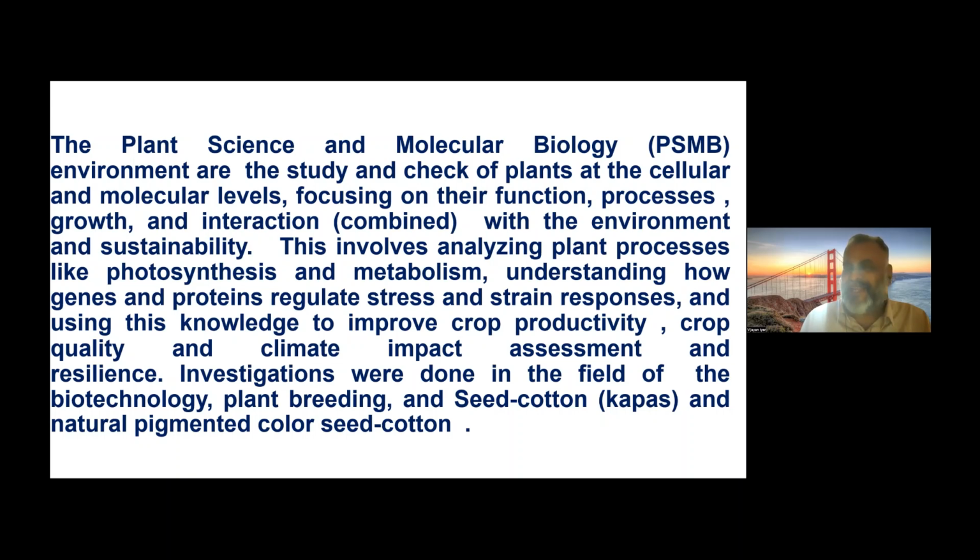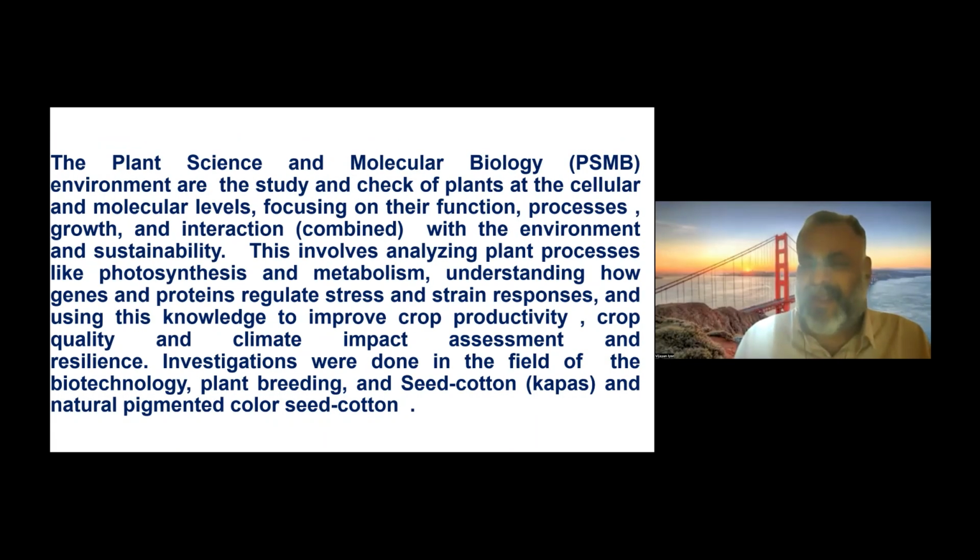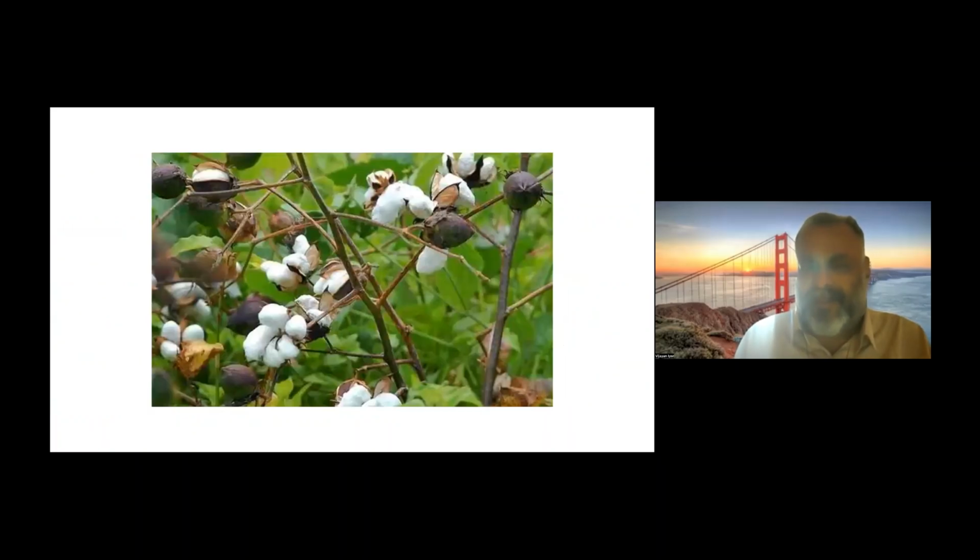As I told about the climate change, weather conditions, the investigations are done in the field of biotechnology, plant breeding, and seed cotton and naturally pigmented color cottons. And this is the seed cotton, which is grown.